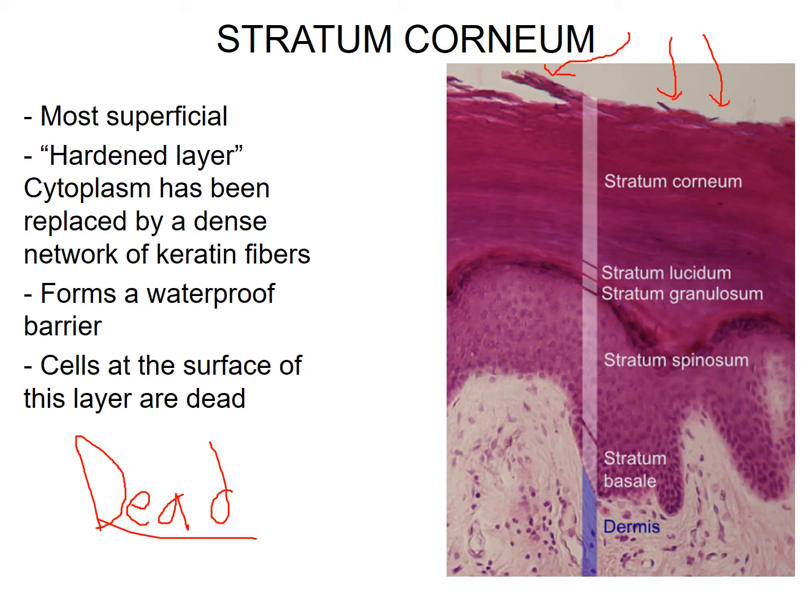So all cells in the stratum corneum are dead. They do not have a nucleus, they don't have active organelles going on inside the cells. Now, this once again does provide a waterproof barrier, and also just a barrier in itself from debris, bacteria, fungus, all that stuff as well.